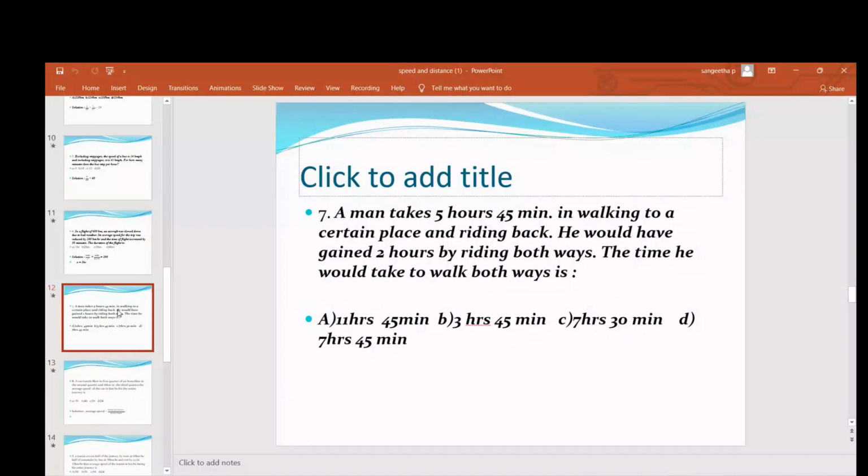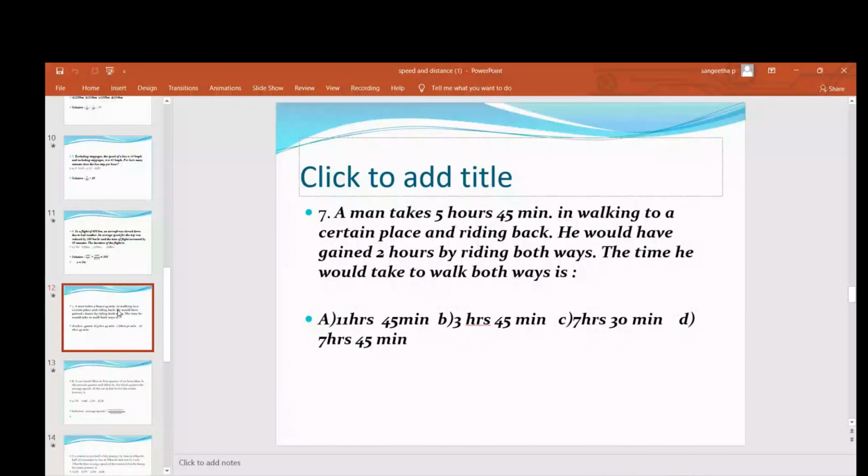A man takes 5 hours 45 minutes in walking to a certain place and riding back. So he takes some time walking to a particular place and riding back, and totally for going to a certain place and returning to the same place, he takes 5 hours 45 minutes. He would have gained 2 hours by riding both ways.